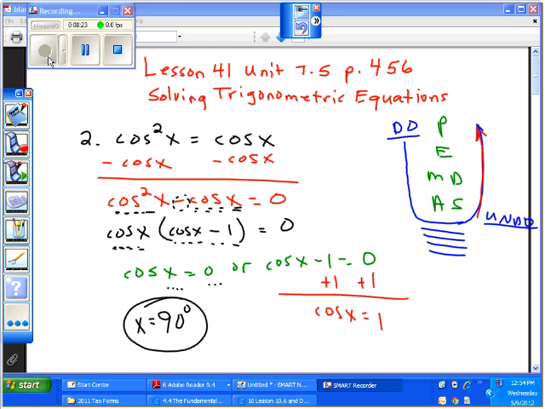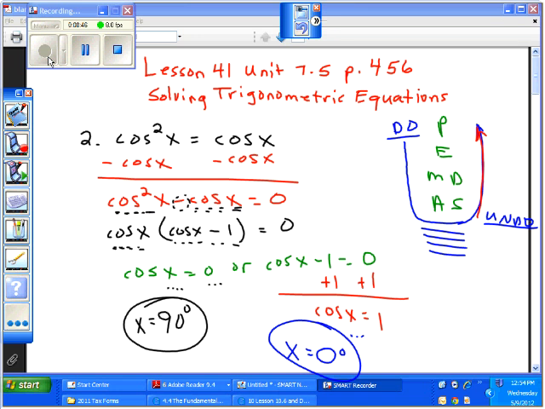So now we're saying cosine of what is 1? The cosine of what is 1? 0. So x is equal to 0 degrees, x equal 90 degrees are the two principal values of x that would make that quadratic true.